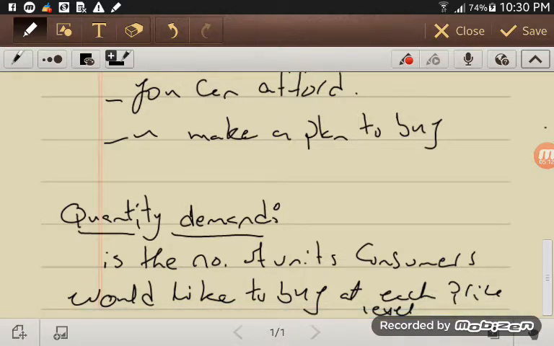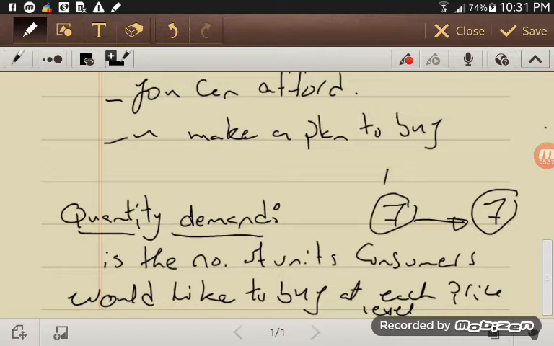Or say for example, if the price is $5, I'm going to buy 10 units. If the price increases from 5 to 7, I'm going to buy 7 units, and so on. So the quantity demanded is related to the price of the product. If it's 10 units, it's related to $5, and so on.